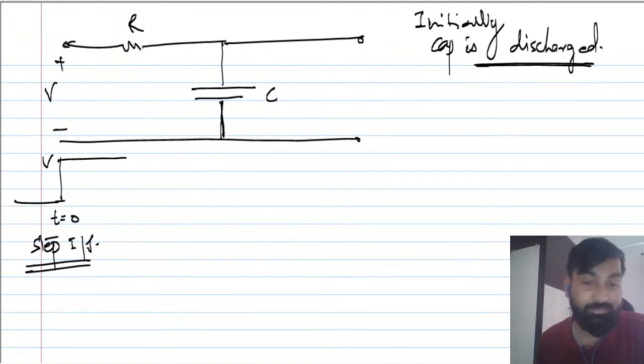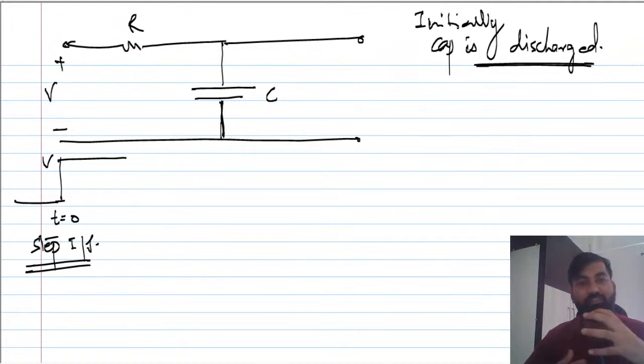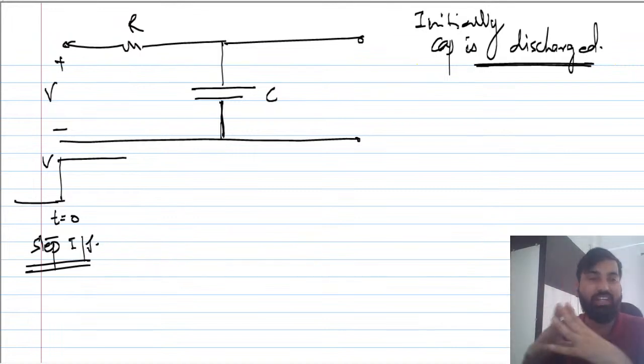So what will happen? You can't directly write the voltage across the capacitor. Why? Because the moment you apply some voltage across this RC circuit, your capacitor will start charging. And how the capacitor charges, that you have to understand.